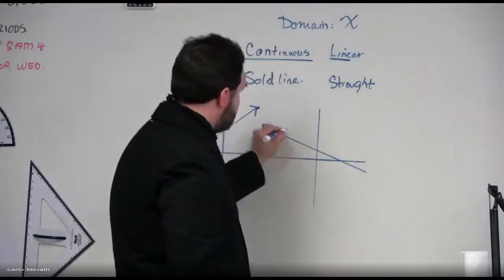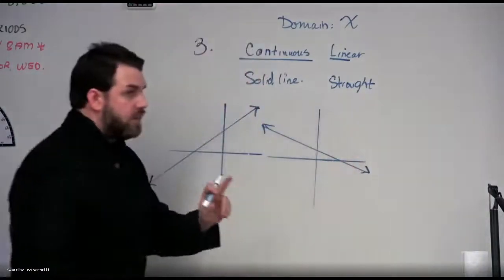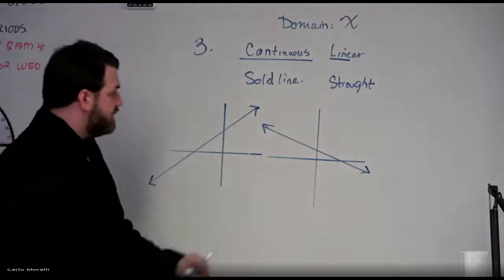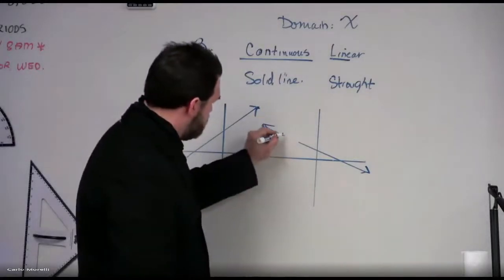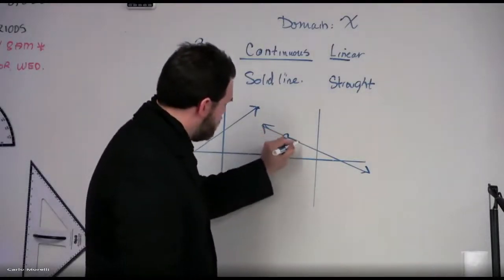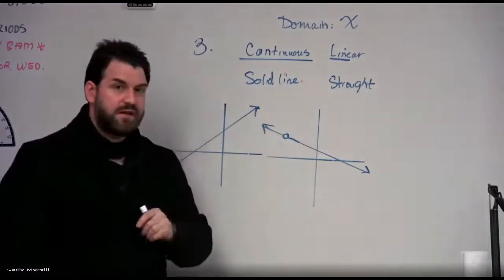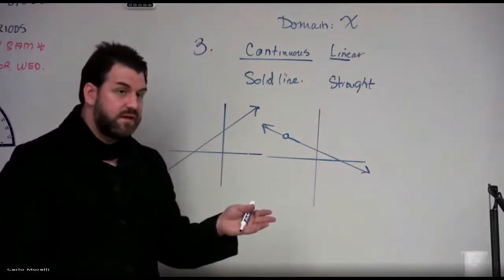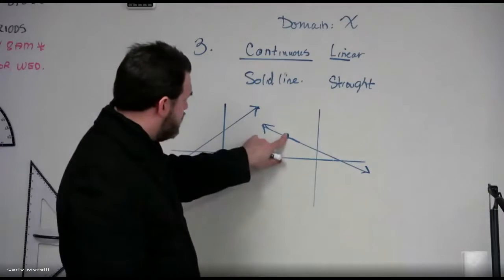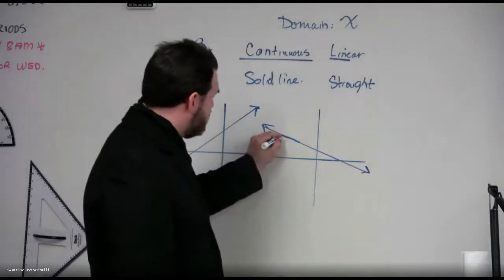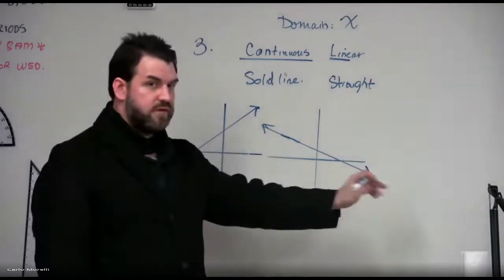Okay, arrowheads on the end. This would not be a continuous linear function. See that little dot there? That means there's a discontinuity. Okay, so these are continuous linear functions.